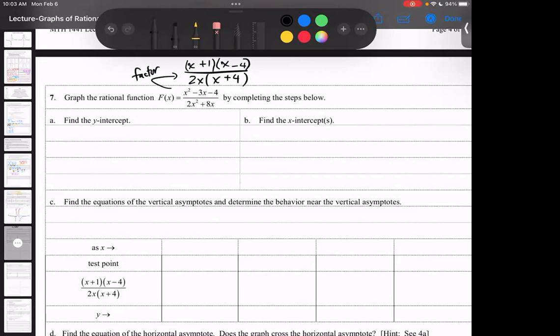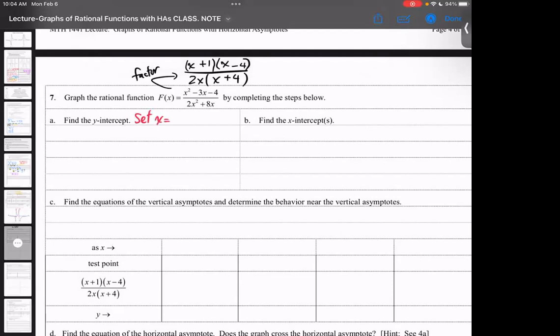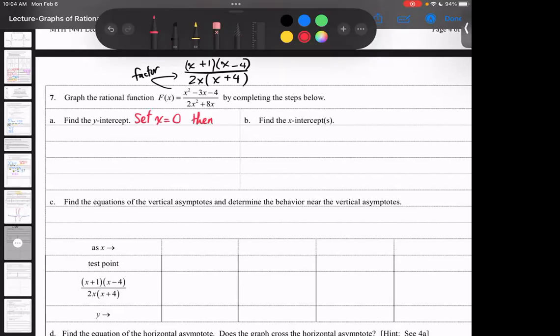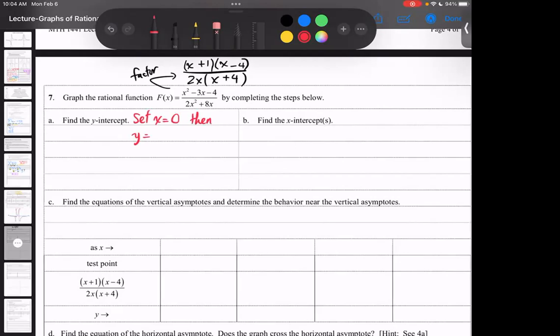Now the y-intercept, that's easy, right? The y-intercept is easiest when you look at the original function. You can look at the factors if you want, but it's just easier if you look at the original function. Y-intercept is when x equals 0. When x equals 0, what happens to the function? Then y is negative. And what happened to y?